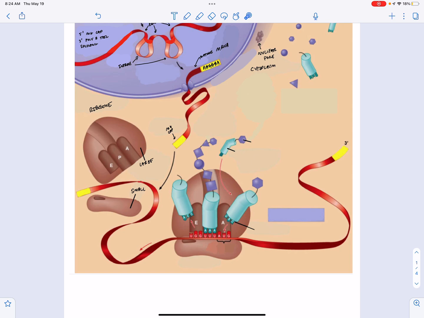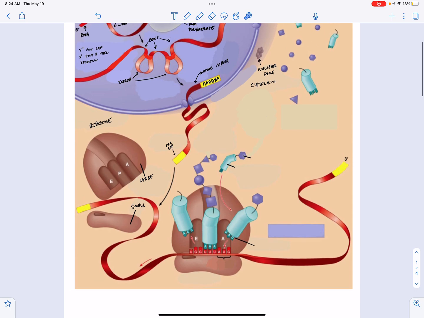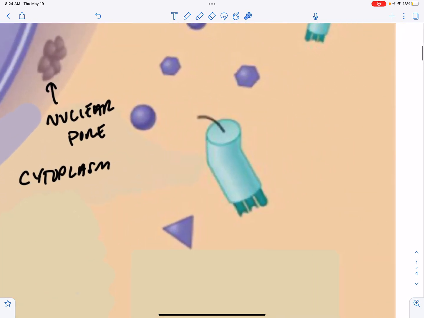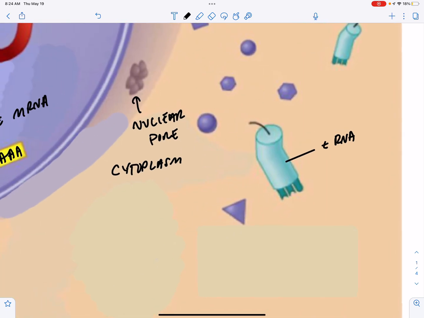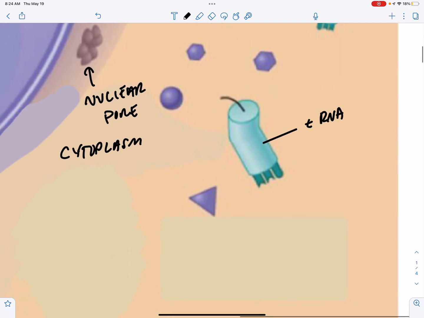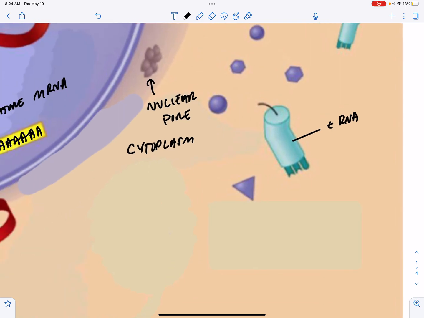And what happens next is illustrated by this process, and I'm going to talk to you about it in a second. But first, I'm going to go up here and tell you what these little weird candlestick things are. This is called a tRNA. It stands for transfer RNA. A tRNA looks like a candlestick here, but it actually takes on a cruciform shape, kind of like a cross. And it is just like the mRNA. I know it doesn't look like it.